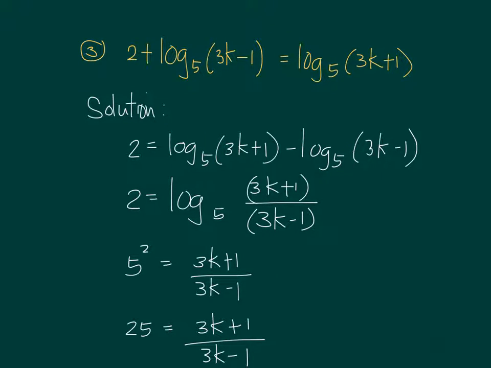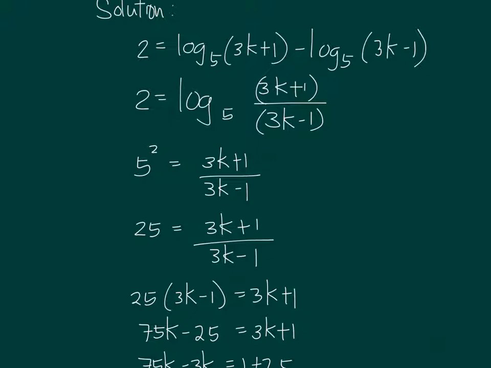Okay, so once you have a single log equals a number, one way you can do it is to change it to exponential. So you get the base 5 with the exponent 2, equals 3k plus 1 over 3k minus 1, and 5 squared will become 25, which will give us this equation, something that you can solve algebraically.